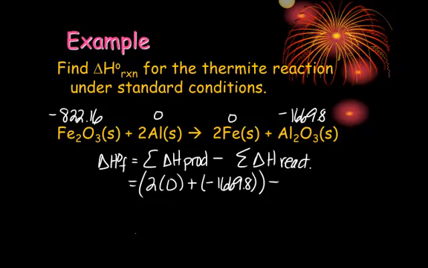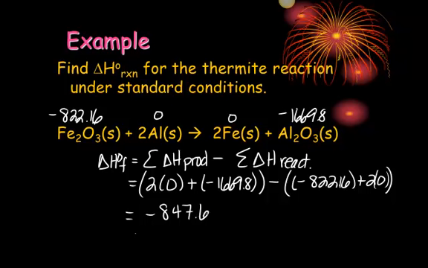And I'm going to subtract from it 1 times the standard enthalpy of formation of the iron 3 oxide, negative 822.16, plus 2 times 0. So if I do the math, I come out with negative 847.64 kilojoules. Significant figure-wise, I can only have one decimal place, so it's really negative 847.6 kilojoules.